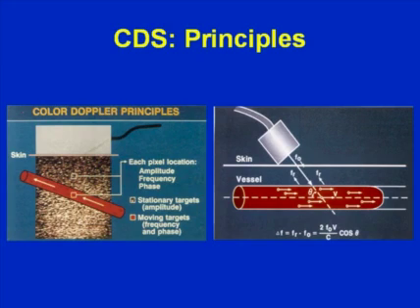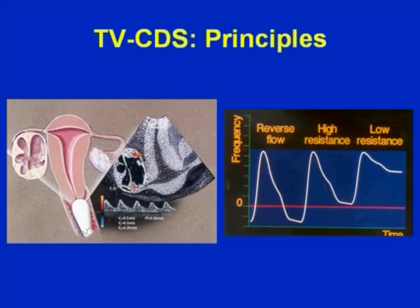Now, color Doppler depends highly on the angle at which we examine the vessel, and I would say not only does the amplitude of flow in the vessel count in its depiction, but the angle at which it's interrogated has a very important role in its depiction.